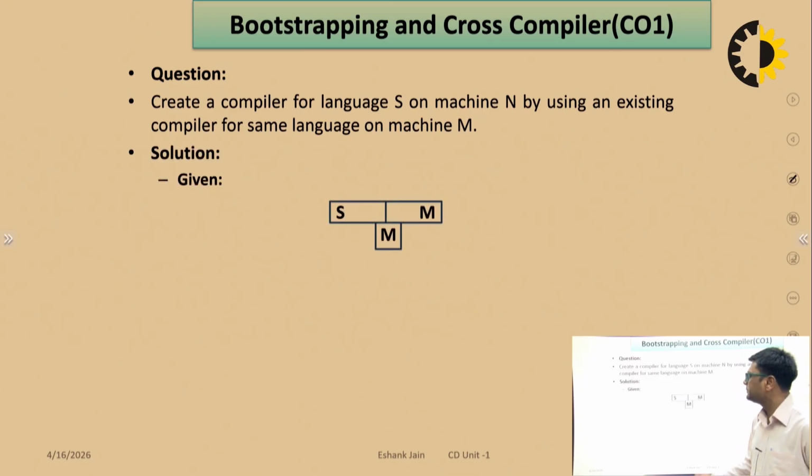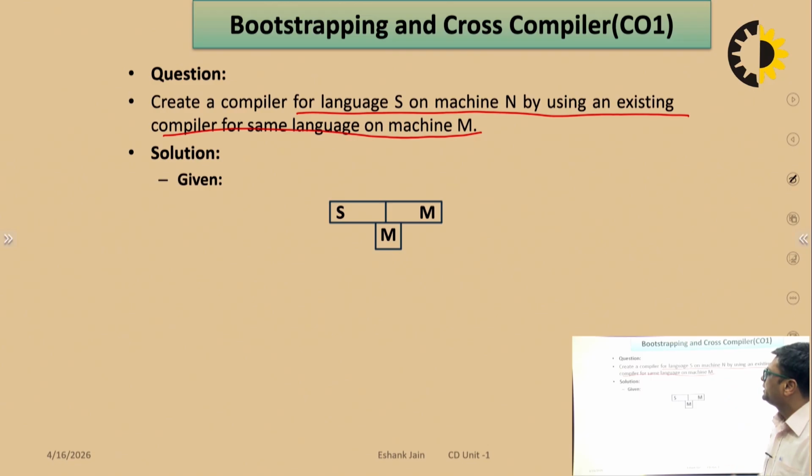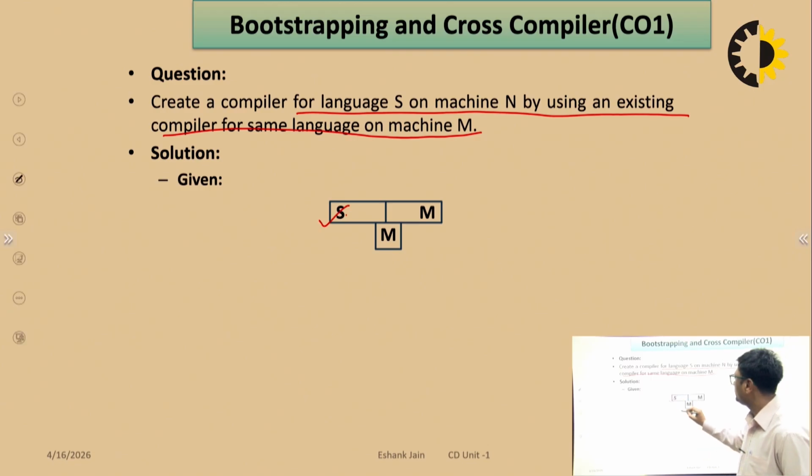Look at this: create a compiler for language S on machine N by using an existing compiler for the same language on machine N. We can see that this is the source language, this is the target language, and this is the implemented language.